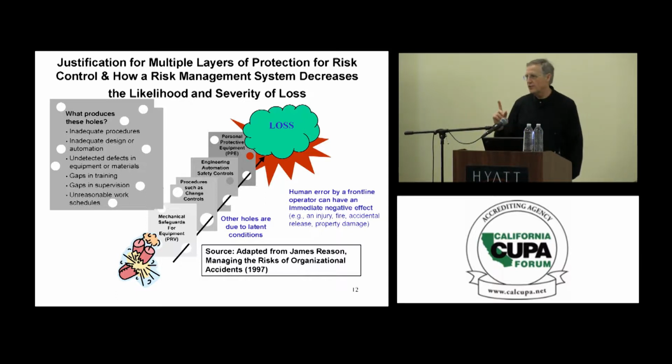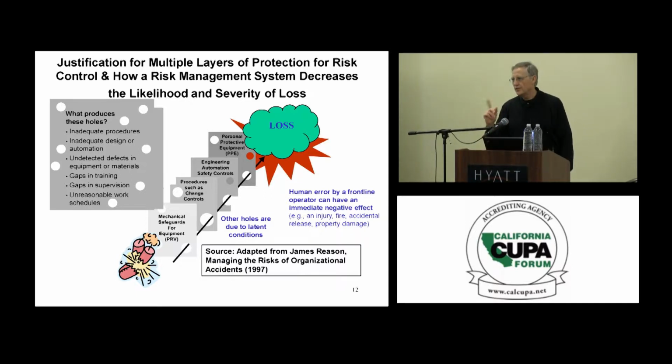But my contention is human error, in terms of operator error, that's an initiating cause. There's another human error that was way back there. It was probably a design error or an error that someone made in setting up the management system with the root causes for those events.